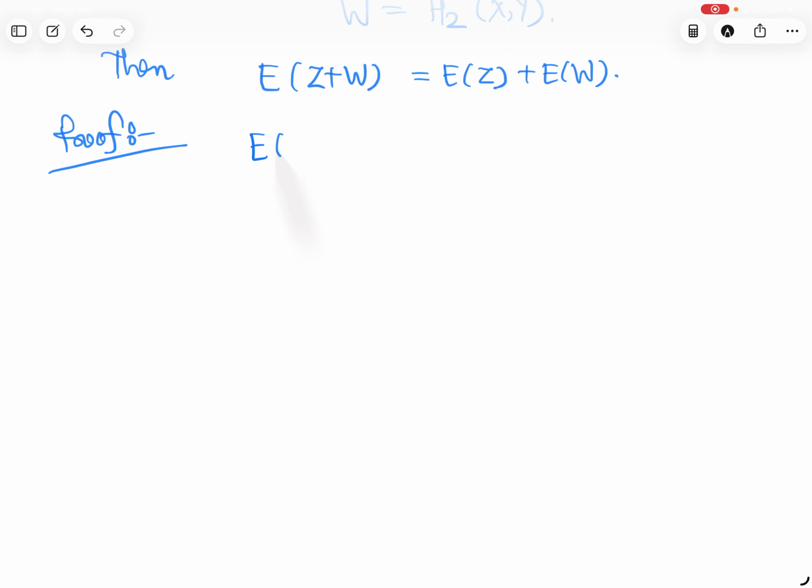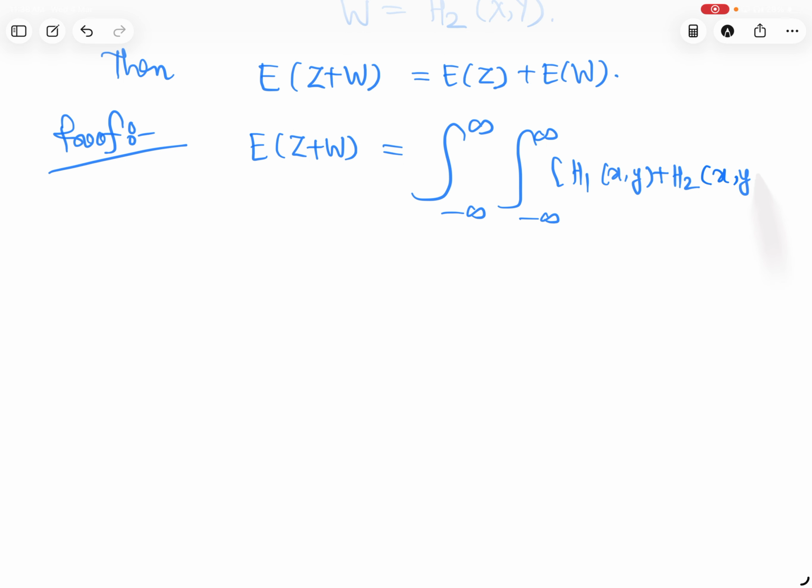So expectation of Z plus W, okay, equal to the integral from minus infinity to infinity of [h1(x, y) plus h2(x, y)] f(x, y) dx dy. Okay.